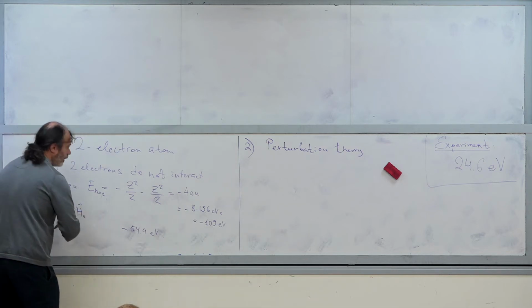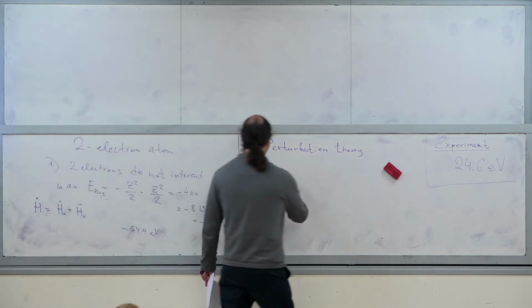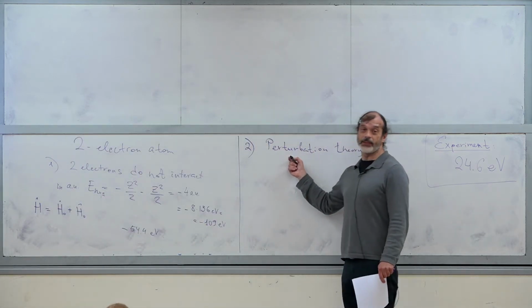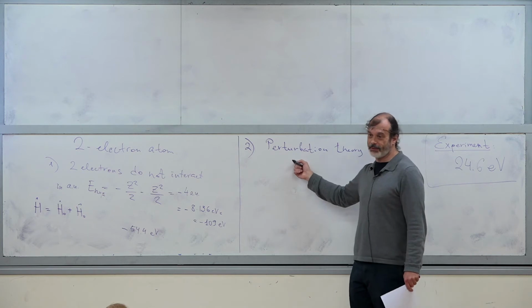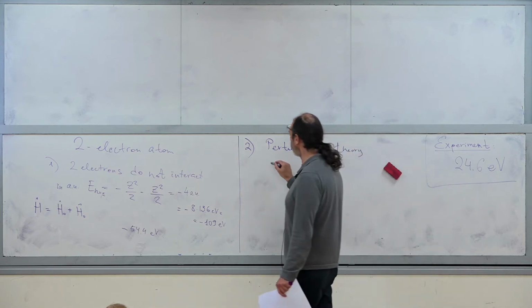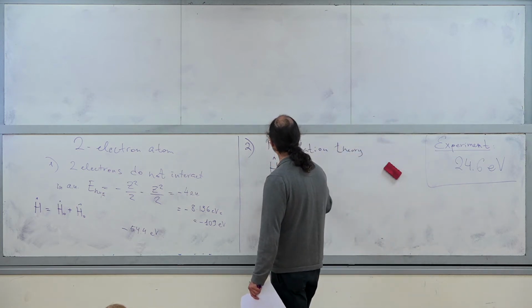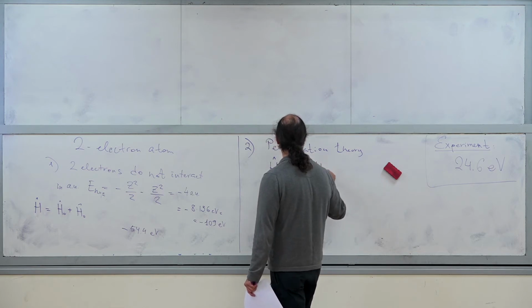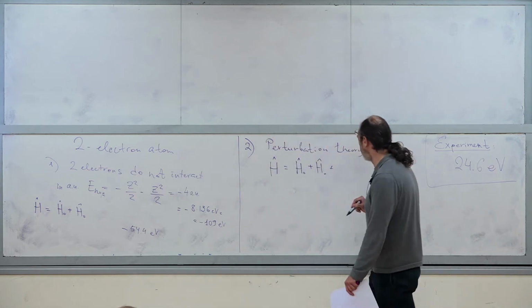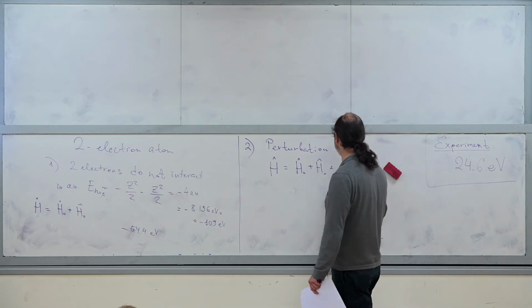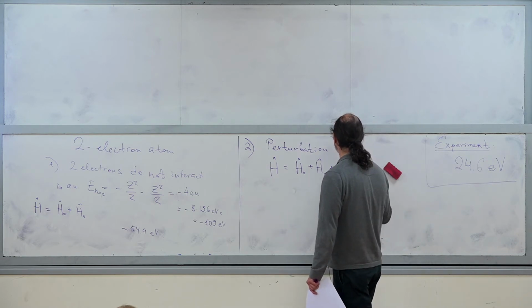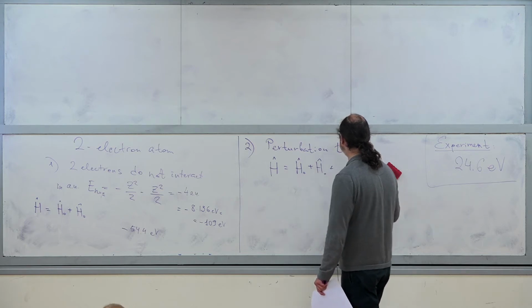So now in this story, we remind ourselves that electrons are charged particles and they can interact with each other. So in this situation, the Hamiltonian will be the H0 Hamiltonian plus the H0 Hamiltonian. That's the same as we had before. But now we have to consider the interaction between the two electrons.